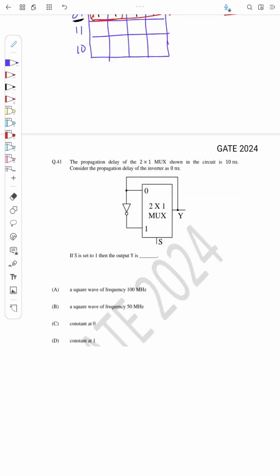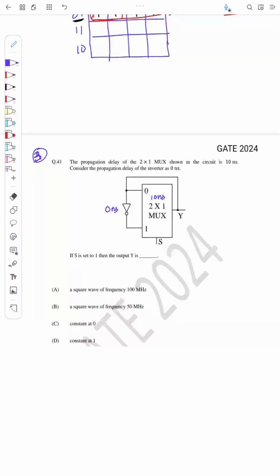Okay, so let us see the next question. This is the third question, from GATE 2024. The propagation delay of the 2:1 mux shown in the circuit is 10 nanosecond. Consider the propagation delay of the inverter as 0 nanosecond. So this 2:1 mux has 10 nanosecond delay, and this inverter has 0 nanosecond delay.